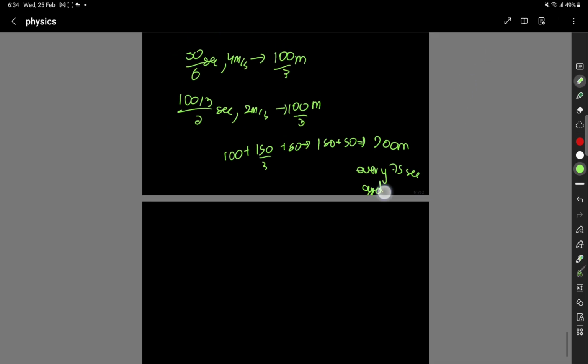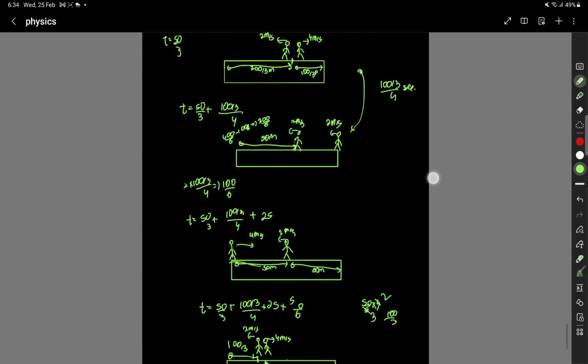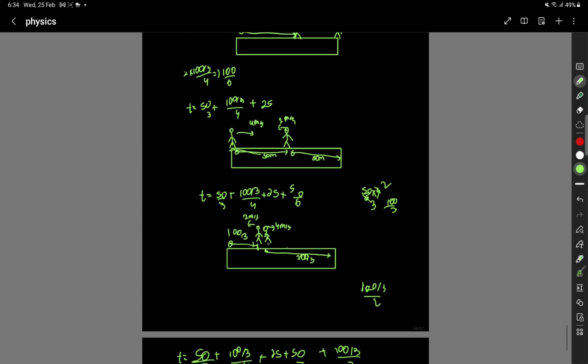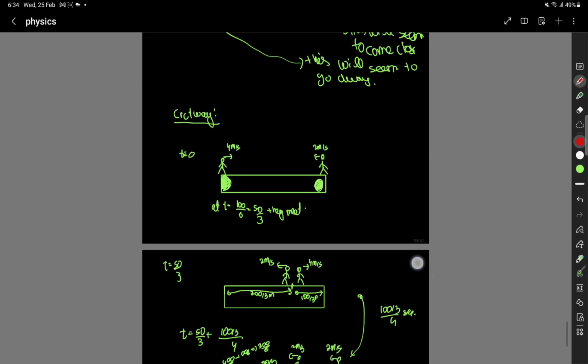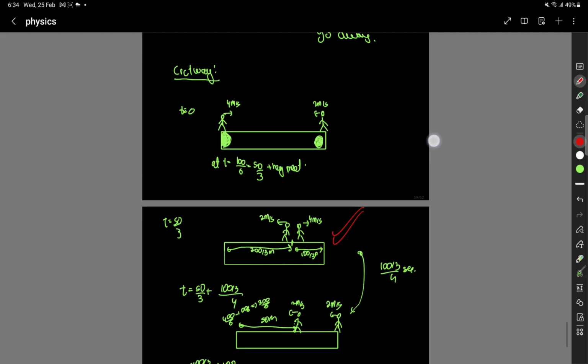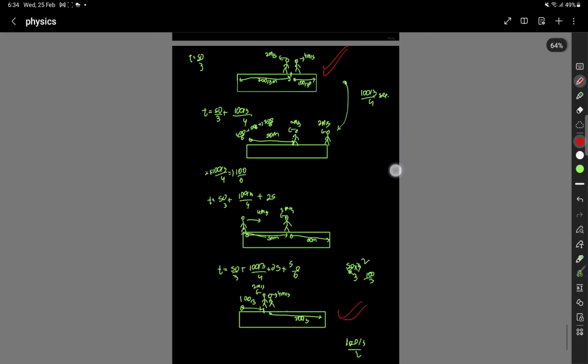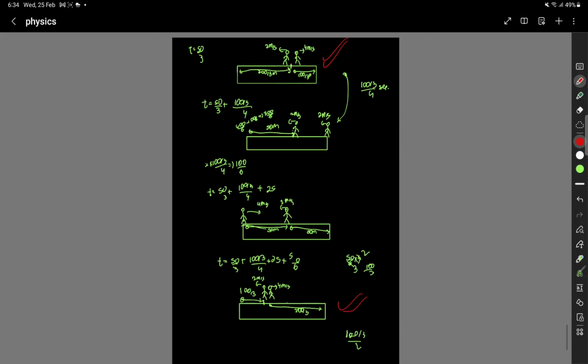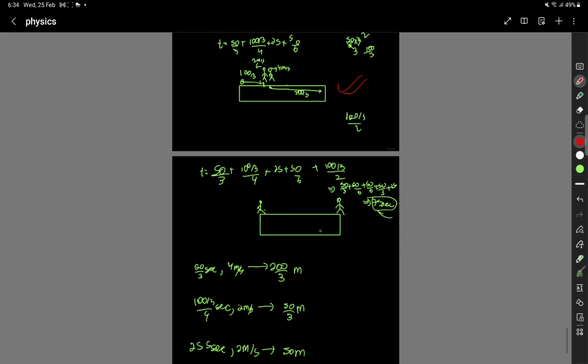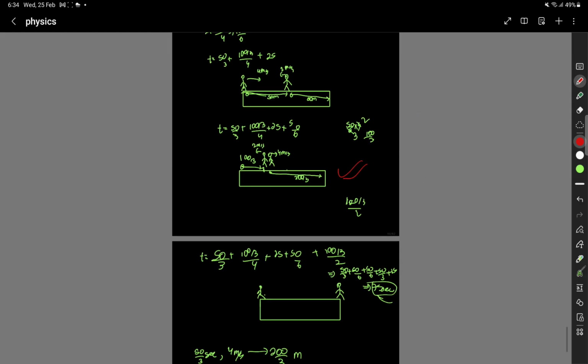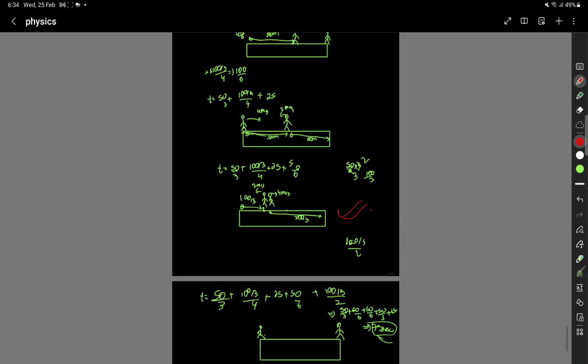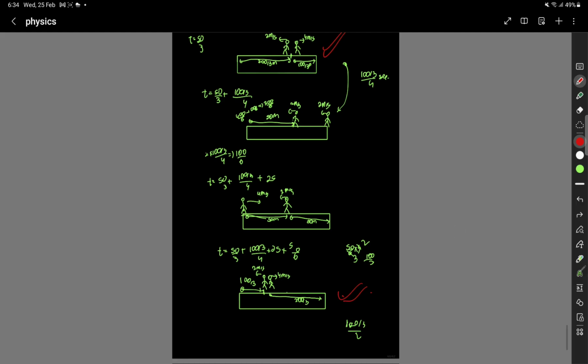And also clearly from symmetry we can show that this case and this case are almost the same. Due to symmetry we can definitely see that this guy and this guy have some kind of symmetrical path in this step and this step.